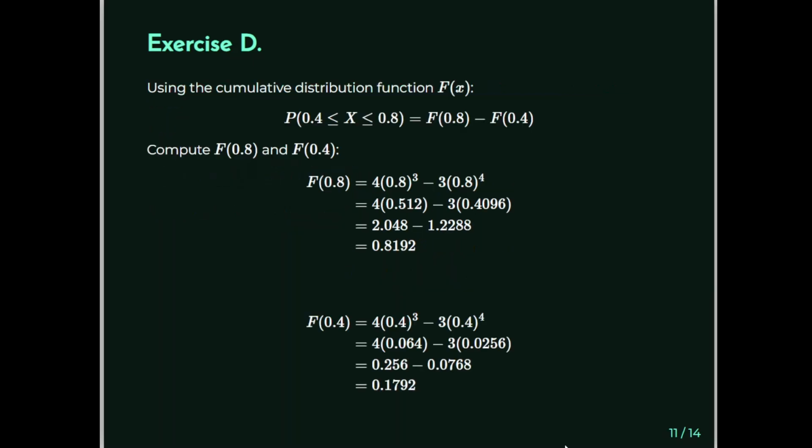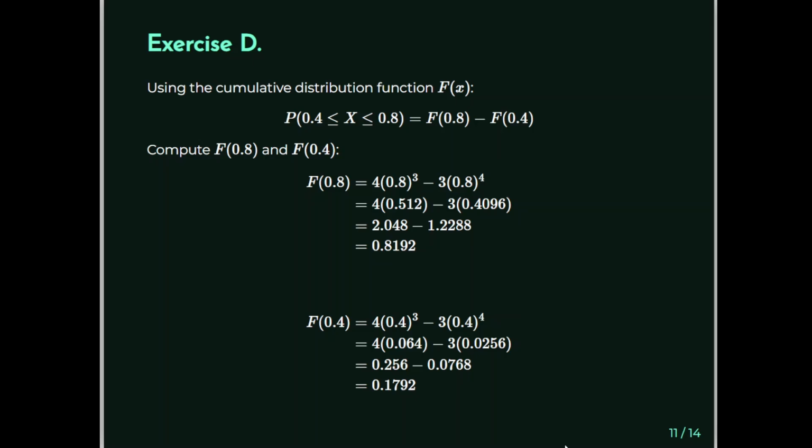So we're going to use the cumulative distribution function that we've calculated previously. The probability of x being in that interval between 0.4 and 0.8 is F of 0.8 minus F of 0.4. Our cumulative distribution function is 4x cubed minus 3x to the power of 4. So we're going to evaluate that for 0.8 and 0.4 respectively.